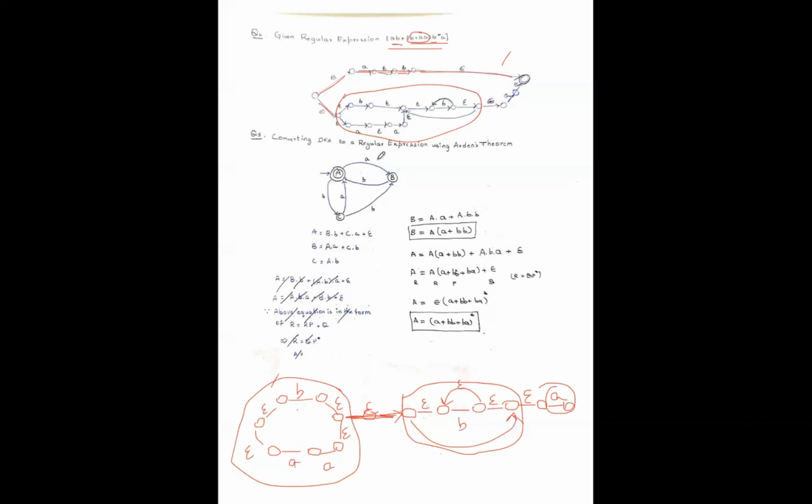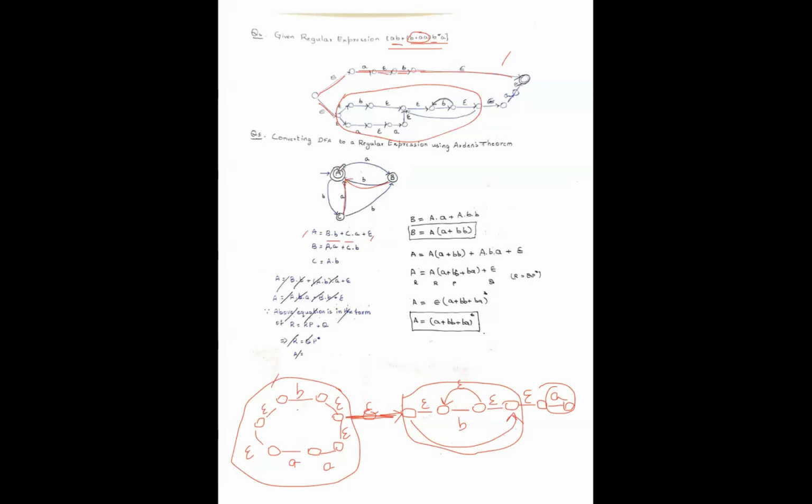Then next one is convert the given DFA into regular expression using Arden's theorem. So first take this DFA and find out equations. First A equal to, check the incoming arrows. It is having incoming edge from B on input symbol B. So this is BB. Then it is having incoming edge from C on input symbol A, which is C dot A. As A is the initial state, we need to add epsilon at the end.